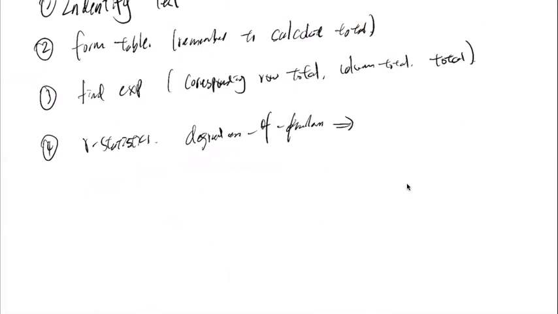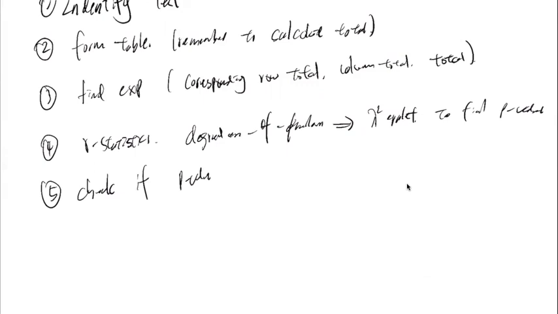So you can plug it into the chi-square applet to find the p-value. And then last, you check whether the p-value is less than alpha or greater than alpha. If the p-value is less than alpha, we can reject our null hypothesis. So we can conclude whether we should reject or not reject. So that's it for this review.